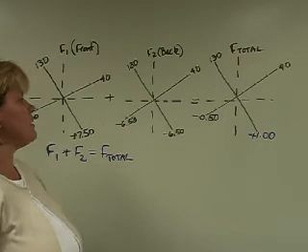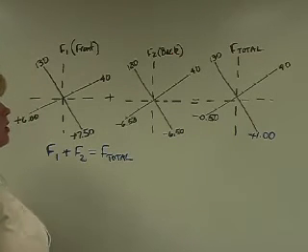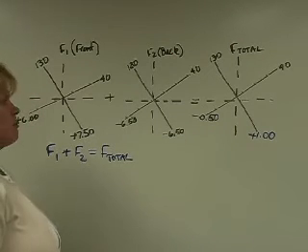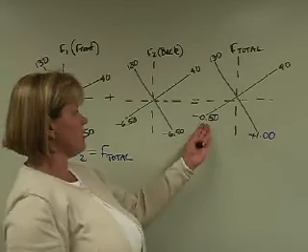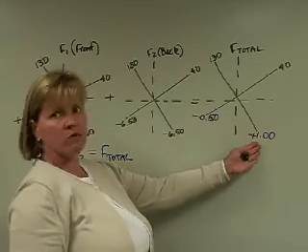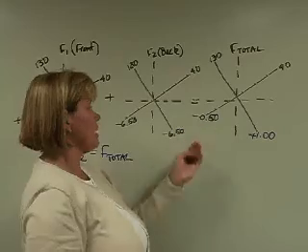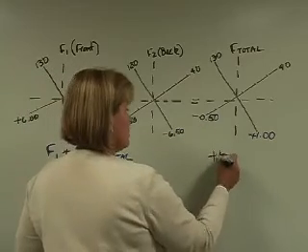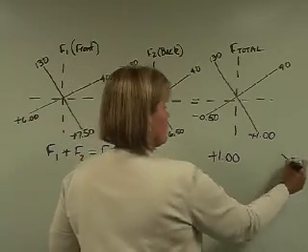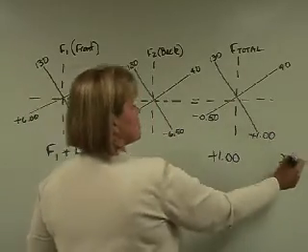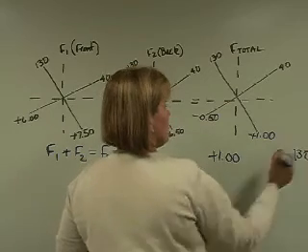If we want to write this in minus cylinder form, we would start with the most plus meridian first. Out of these two, the plus 1 is going to be more plus because it's actually in the plus side of the number line. So we'll start with the plus 1. The sphere always tells us what our axis is, so our axis will be 130.